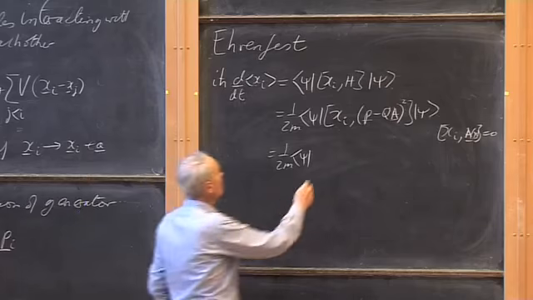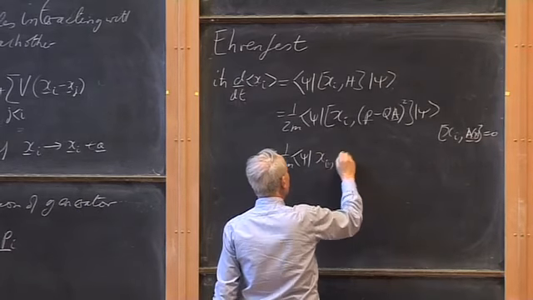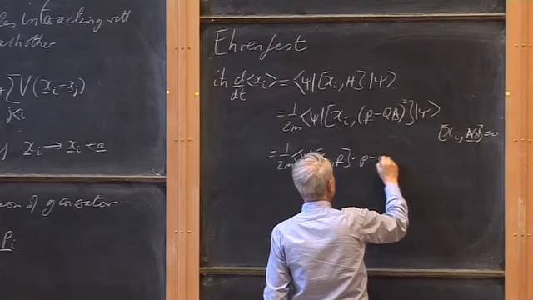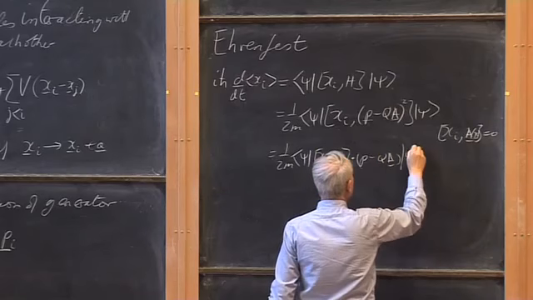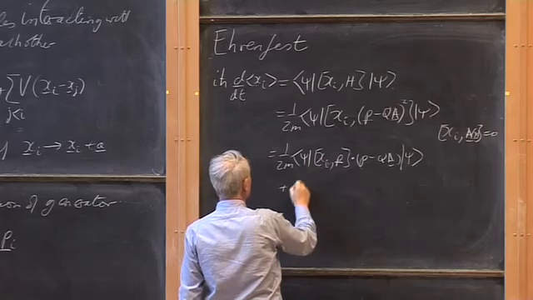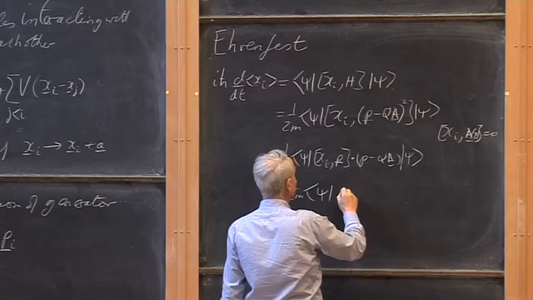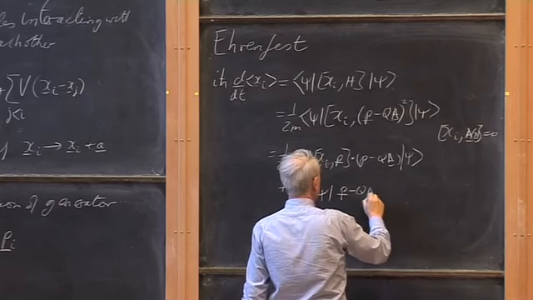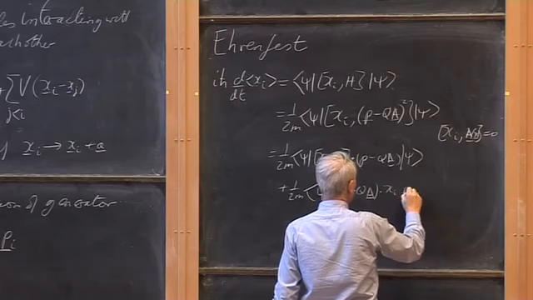So we're going to have [x_i, p], the vector p, dotted into (p minus qA). That's one of the two terms, and then unfortunately there's another term which will in fact be identical, but just to be pedantic, let's keep it right. This is going to be (p minus qA) dot [x_i, p].